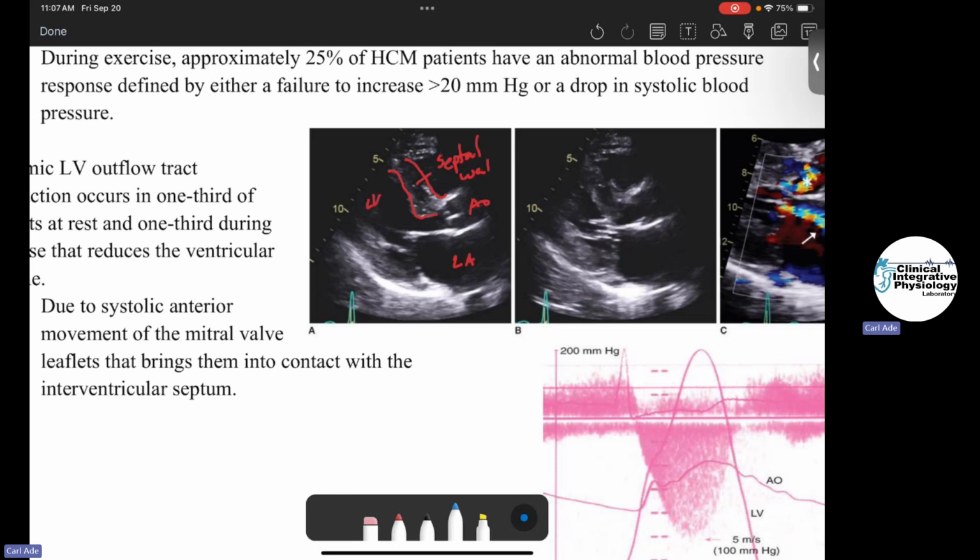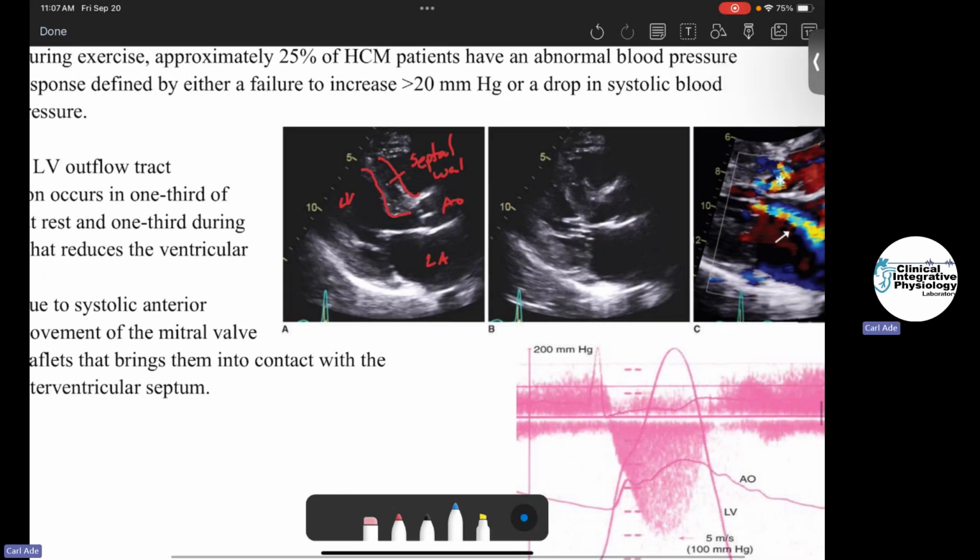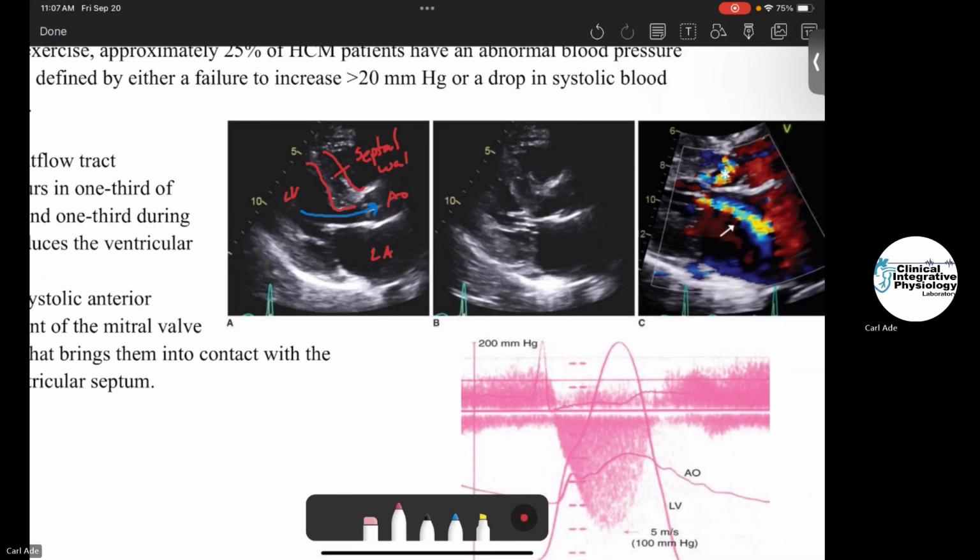So ideally, the blood goes out like that. Well, what happens is when the heart contracts in these individuals, note that here's the mitral valve, here's the left ventricle, here's the aorta. Note that it pinches. It's much harder to get that blood to eject out. This area here, this is that left ventricular outflow tract.